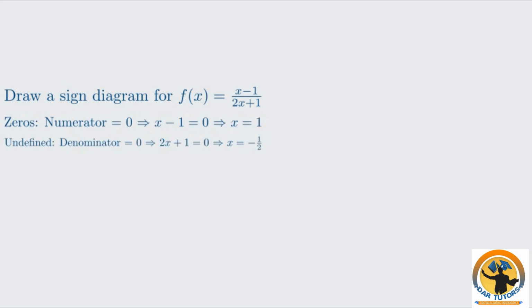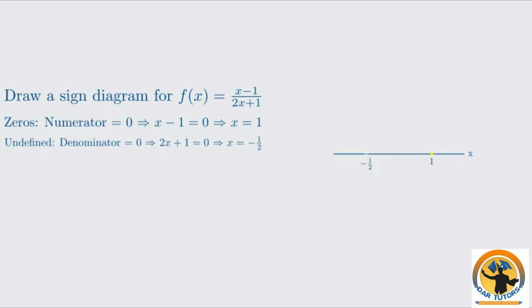The function is undefined when the denominator is 0. So 2x plus 1 equals 0, which means x equals negative 1/2. We mark these two points on our number line. It's good practice to use a solid dot for a zero and an open circle or a dashed line for an undefined point.